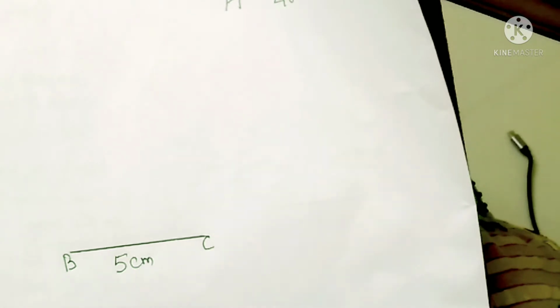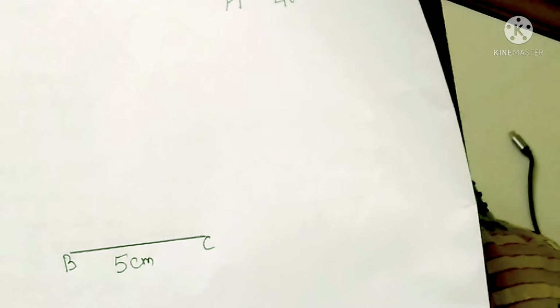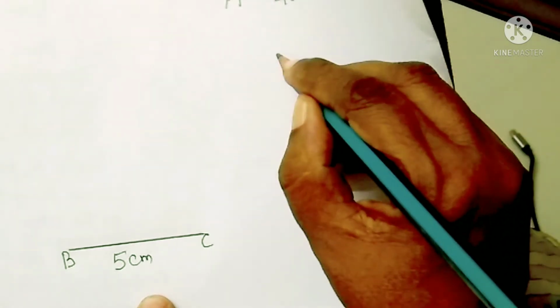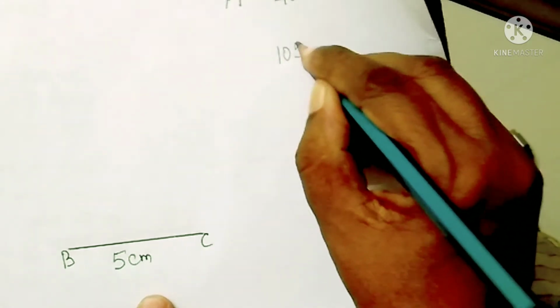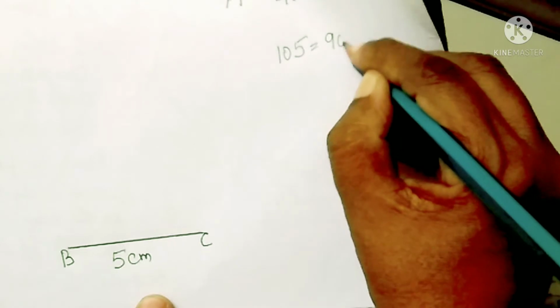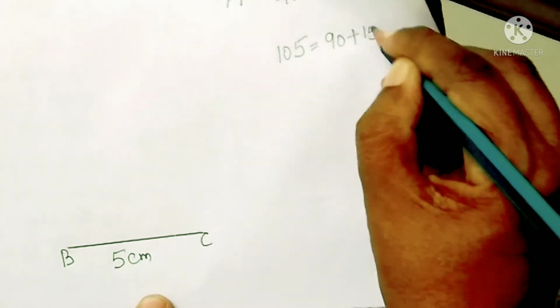Now we have to prepare angle B 105 degree. I have taught you how to make 105 degree. Yesterday also we learned. If you forgot, think, what is 105? How do you get it? 90 plus 15.